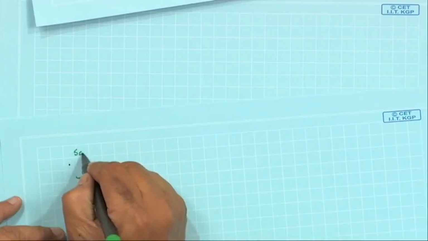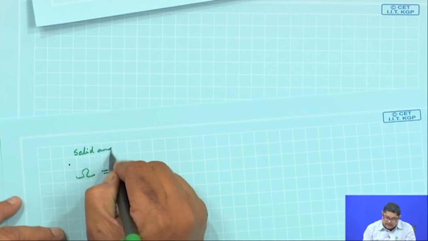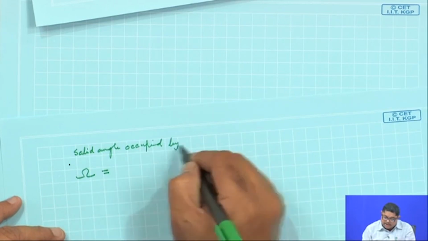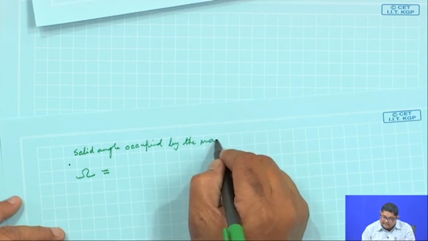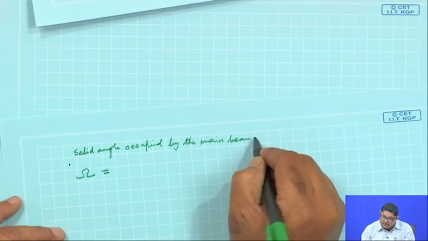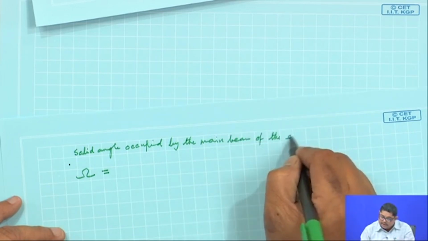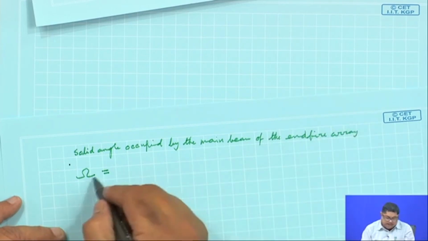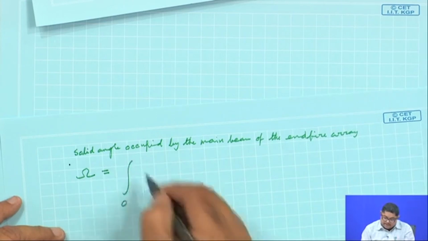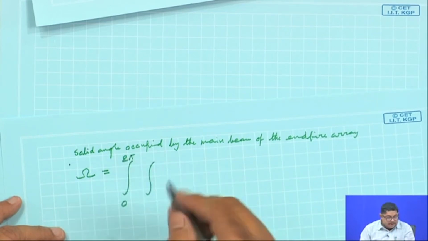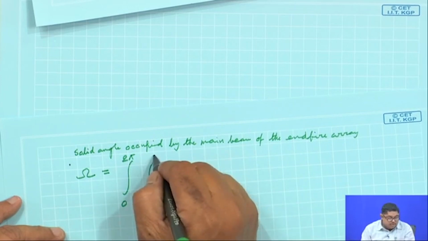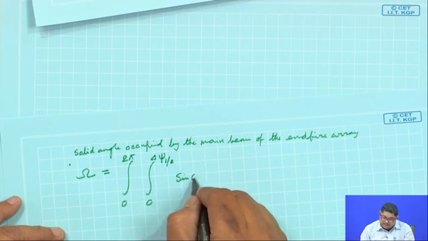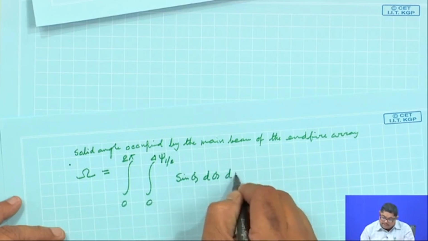So, you can write the solid angle occupied by the main beam of the end fire array will be this, and what is that, 0 to 2 pi, then 0 to delta psi half, sin theta d theta d phi.